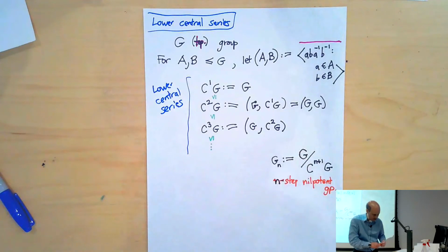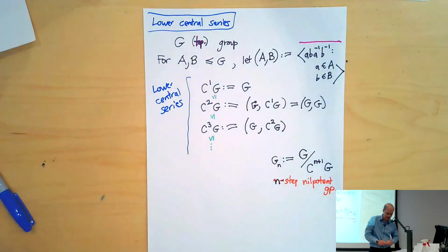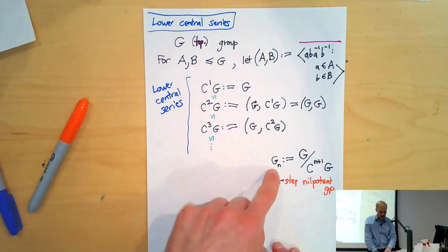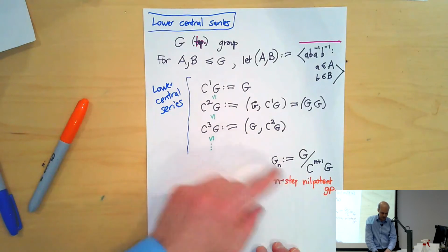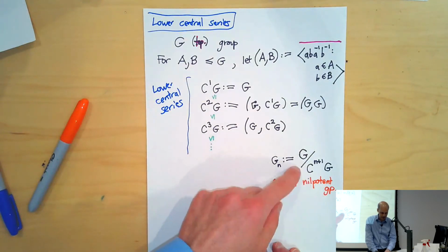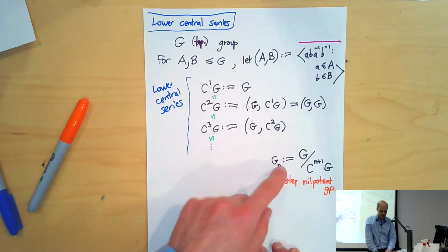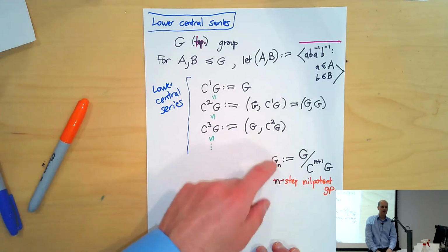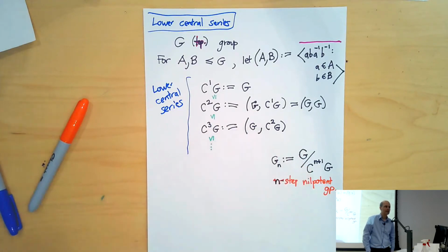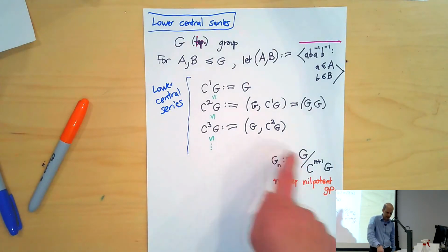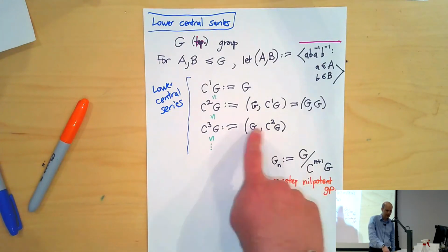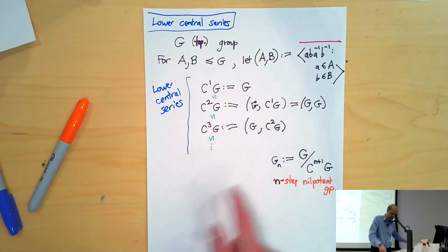And the reason it's called the lower central series is because inside Gn, you look at the previous group modulo the image of the previous group. So you'll have a subgroup that's Cn of G mod C_{n+1} of G, and that subgroup is going to be in the center of this one, just by the way it's defined. Because you mod it out by all the commutators of that group with the whole group, so you forced it to commute with everything in this.